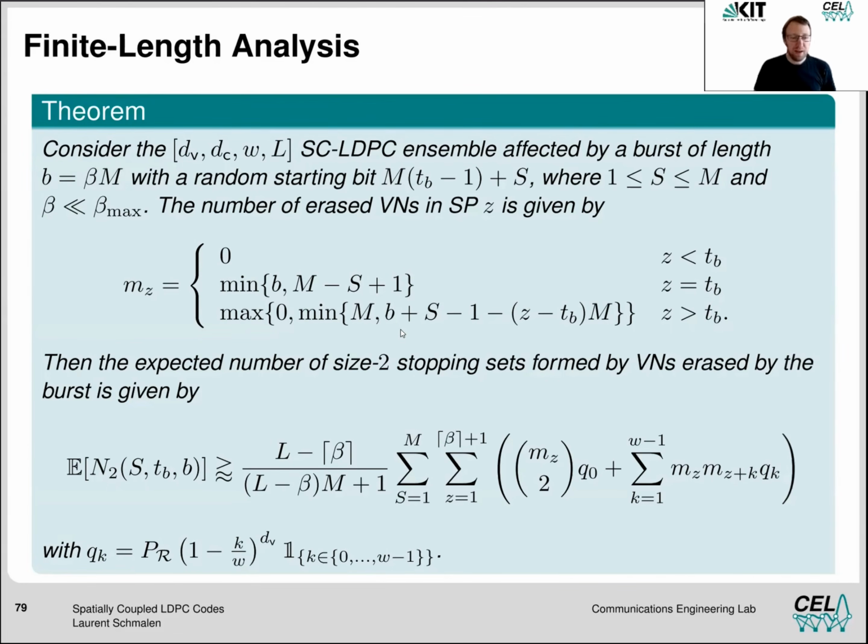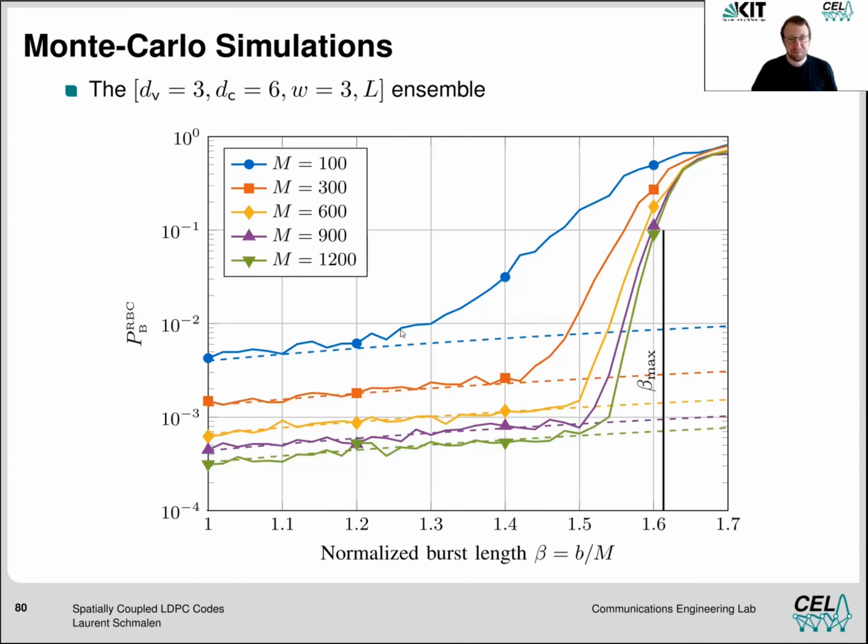And we can again extend our theory to this case to get arguments on the error probabilities. And this is what we get. Here we have the error probability of the decoder. We can correct up to a burst of length beta max, which in this case is 1.6 times the length of a spatial position, so more than 1.5 spatial positions for any random starting position.